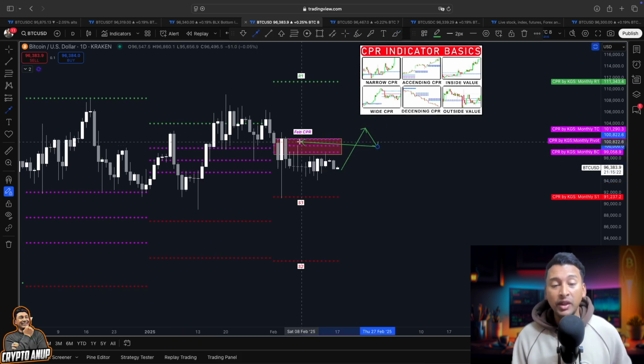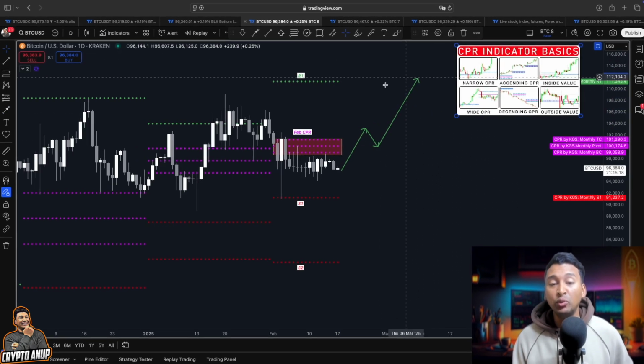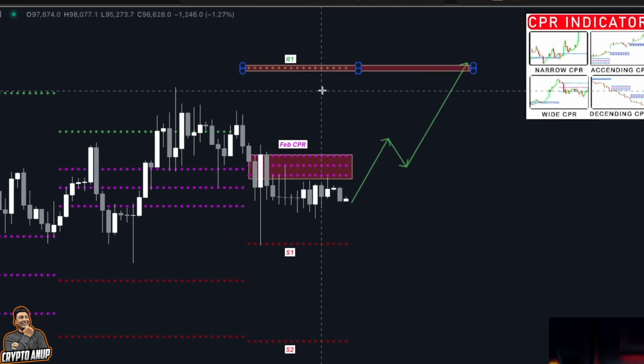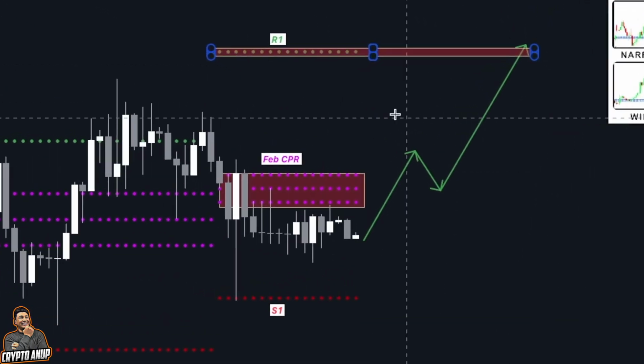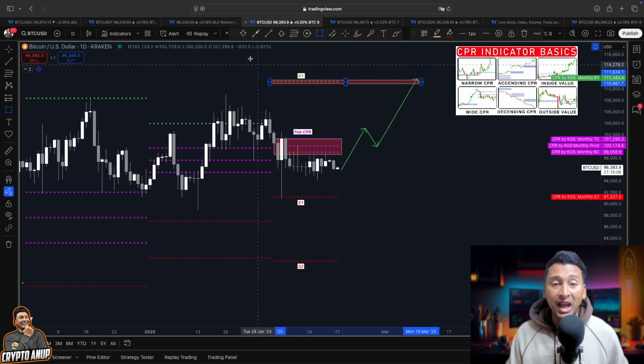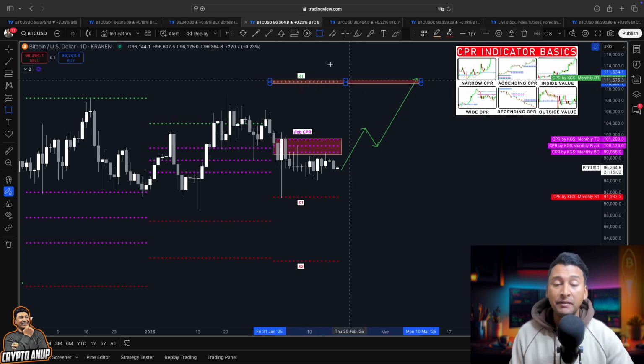As soon as this resistance, top, central and the bottom CPI line resistance gets broken, Bitcoin will get attracted towards the first target for the month of Feb, which sits around $111,000. Yes guys, as soon as this key line of resistance around 100,000 gets broken, Bitcoin will be turning very bullish.